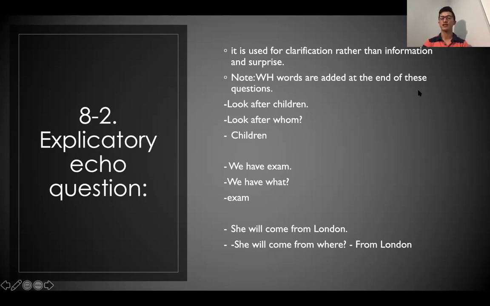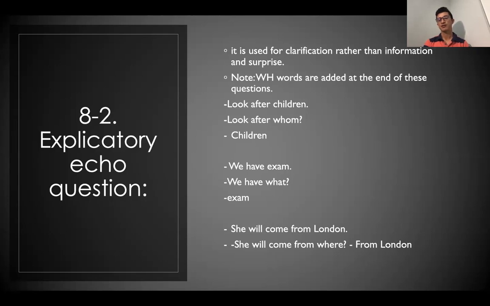Or the other example here: she will come from London. She will come from where? Get it? Got it or no? So echo question is like a repeated question.